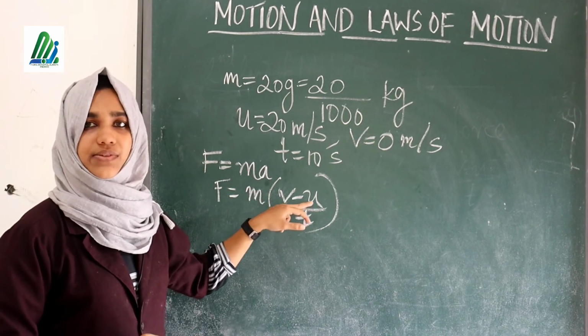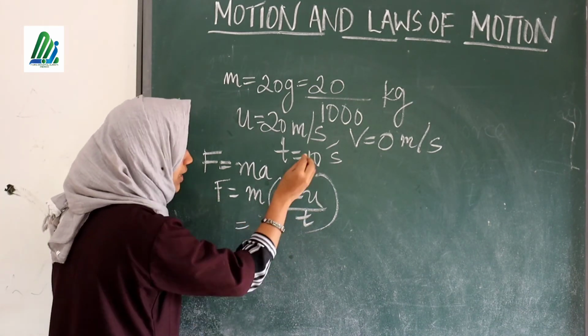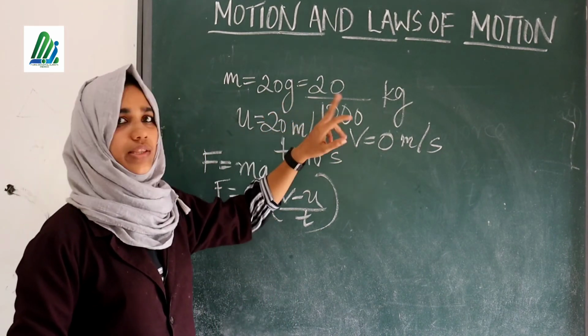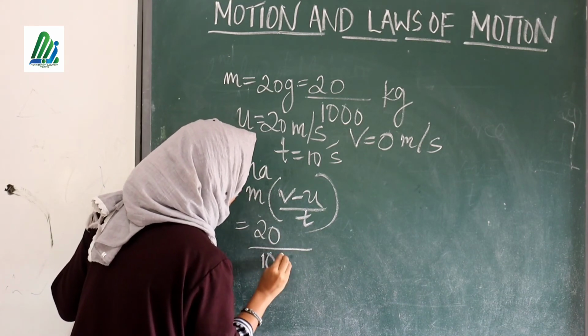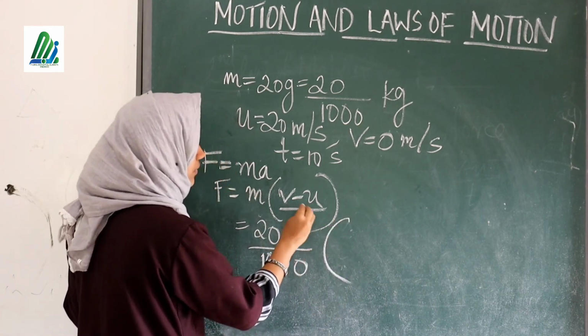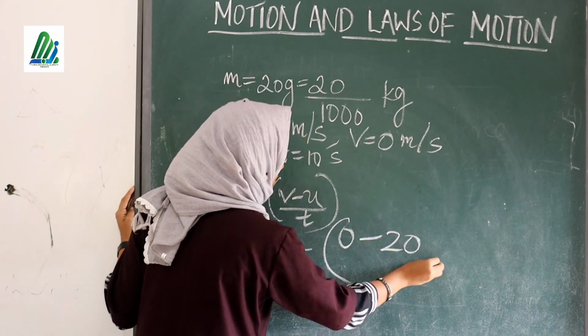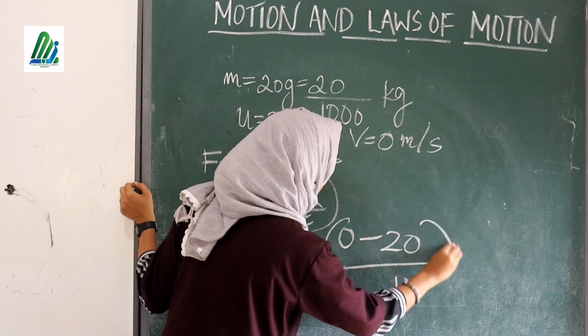So we want to substitute here the values. Here mass is 20 by 1000 kilogram. Then here v is 0 and u is 20, divided by t. Here t is 10 seconds.